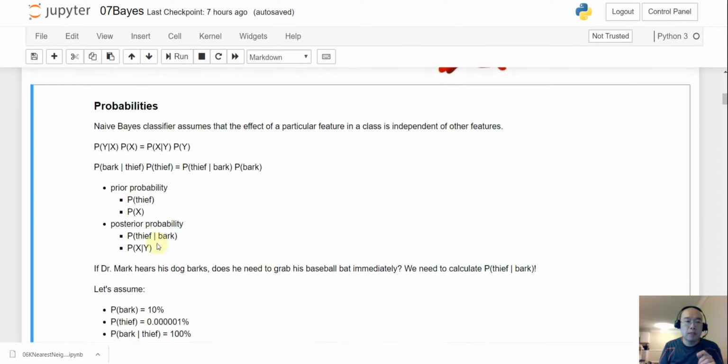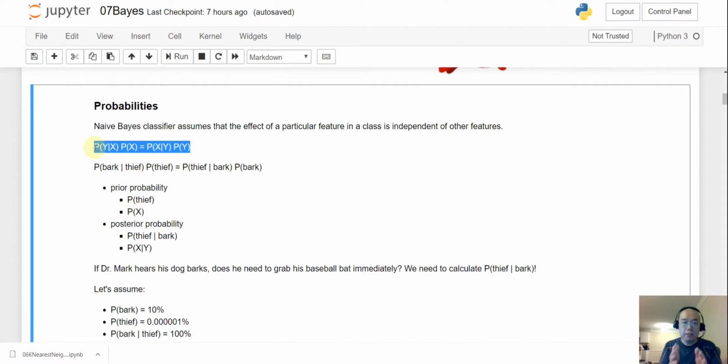Let's forget about P(bark), P(thief), and all those things. Let's just use P(x), P(y), P(x | y), and P(y | x). The joint probability of x and y happening together is P(y | x) multiplied by P(x), and it also equals P(x | y) multiplied by P(y).